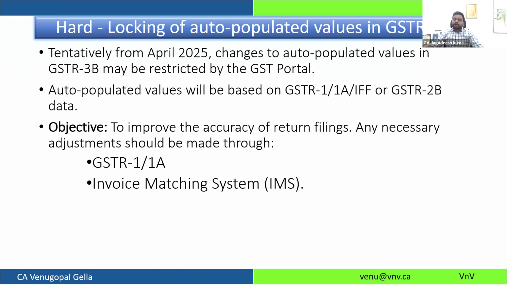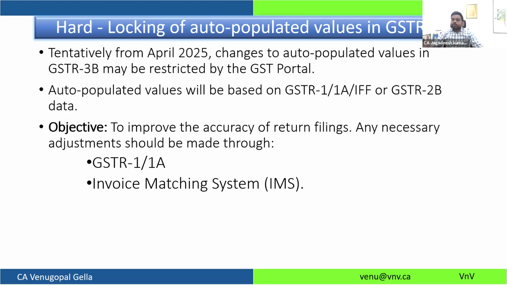That means if you want to change the liability fields, you can do it in your GSTR1, because from GSTR1 only the figures are auto populating in your GSTR 3B, right? So the auto populated figures are going to get frozen.